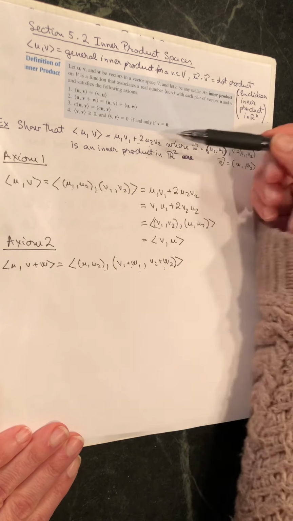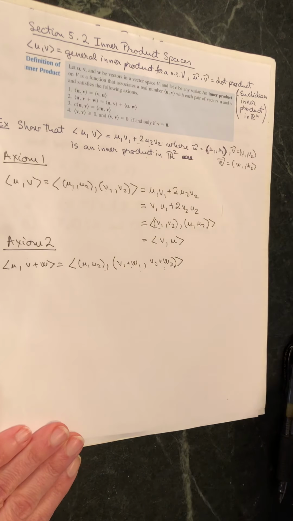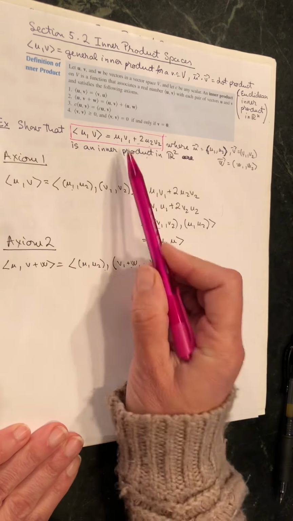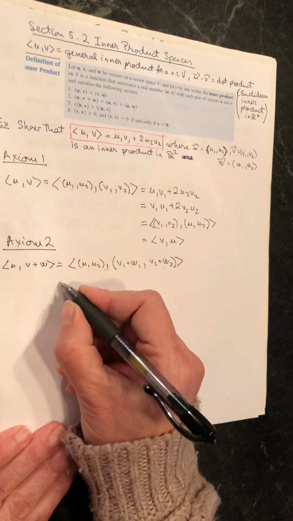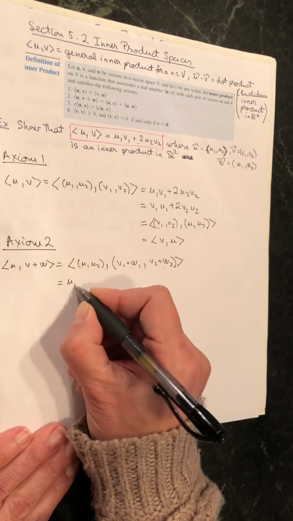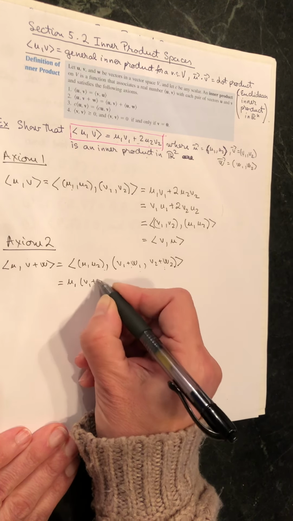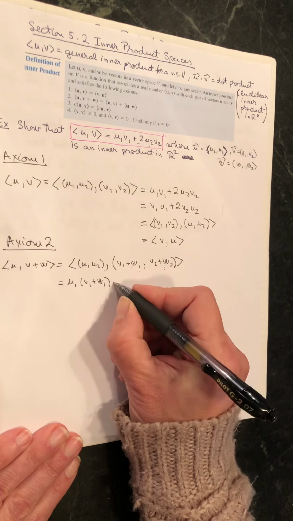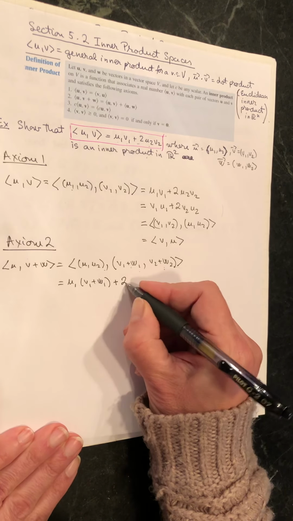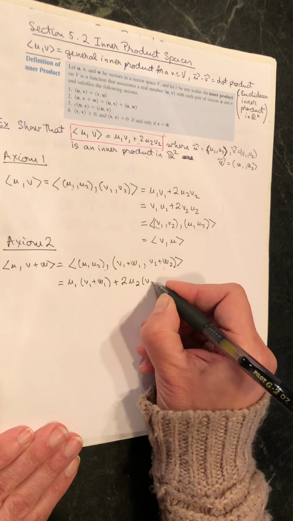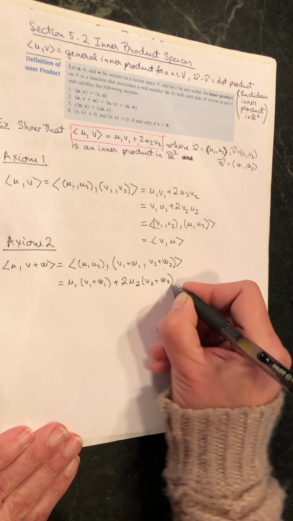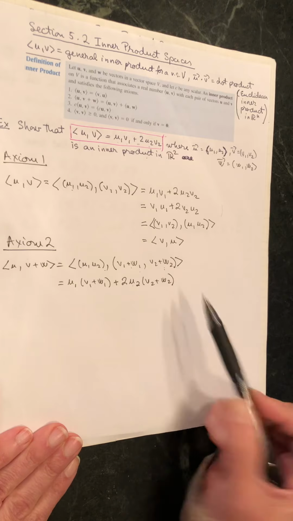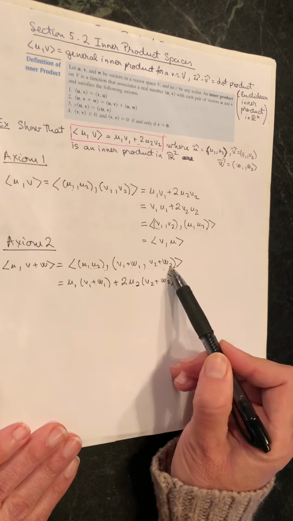Now I'm going to apply this inner product definition and plug in these values. So this is u1 times (v1 plus w1), the first two components multiplied together, plus 2 times u2 times (v2 plus w2), the last two components multiplied together.